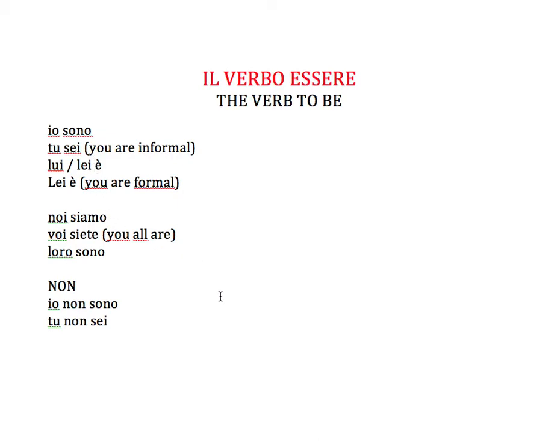Another thing that I want to tell you about Italian pronouns is that you can omit them. They're not mandatory. In English, you can't just say am. You must say I am. In Italian, I can easily drop the pronoun and say simply sono. Io sono Samuel Gelli, but I can also say sono Samuel Gelli.